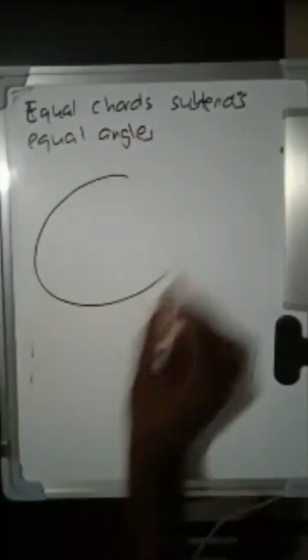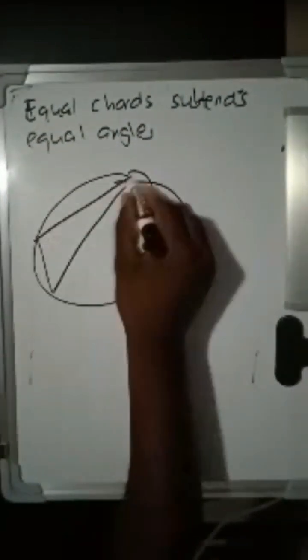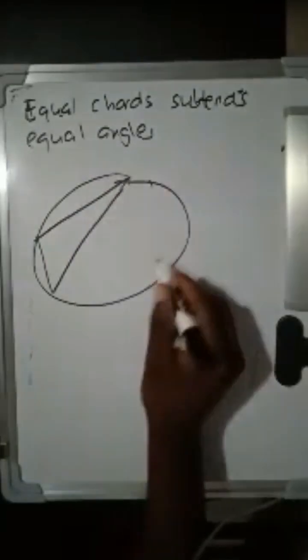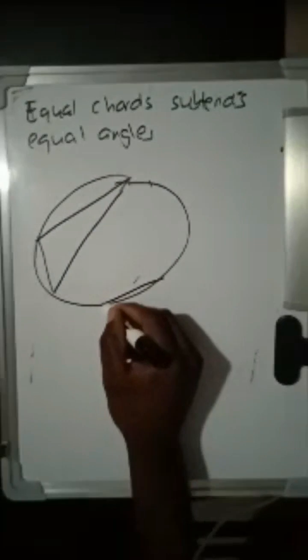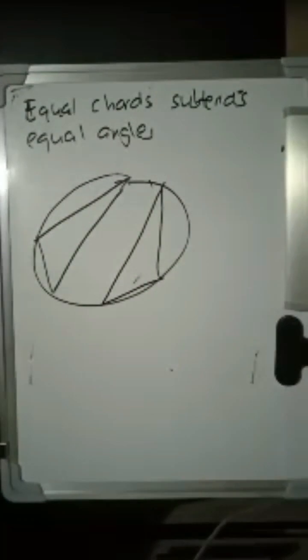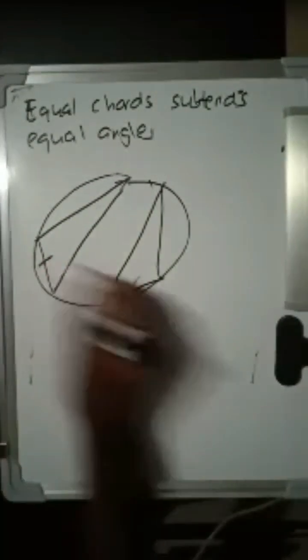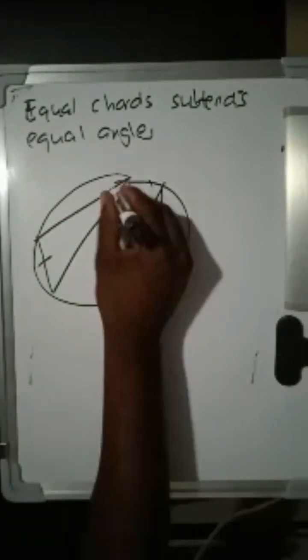We have a circle like that, then we have a chord which is subtending angles on the circumference. Then we have another chord here that is subtending another angle in the circumference. If I'm told that this chord and this chord are equal, what does it mean? It means that this angle here and that angle here are equal.